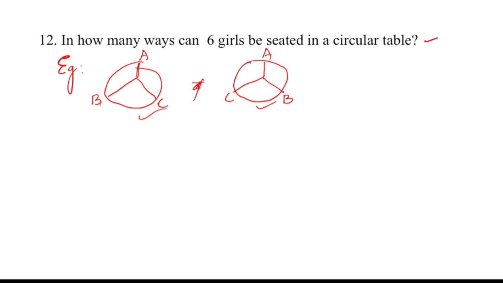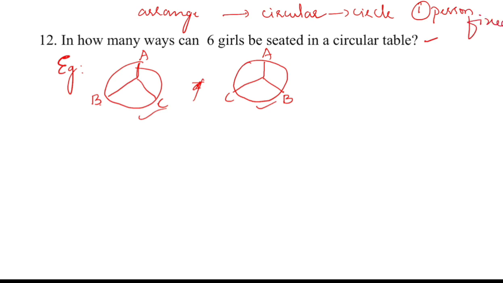Always when we have to arrange someone in circular table problems, okay, in a circle, what we have to do is keep one person fixed. One person we have to keep fixed, and the remaining you can interchange.